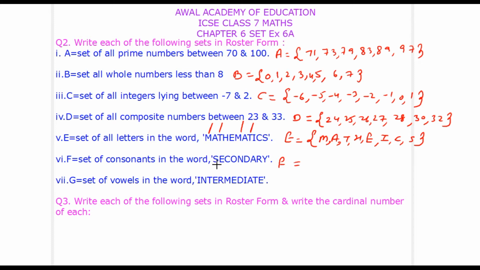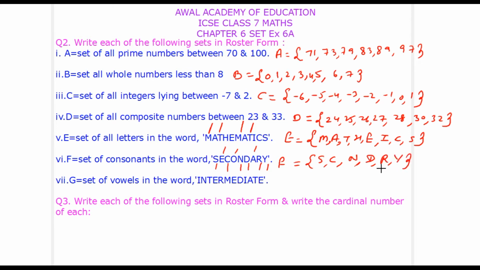S is a consonant, C is a consonant, N is a consonant, D is a consonant, R is a consonant, Y is a consonant. E, A and O are vowels. So we will take only consonants: S, C, N, D, R, Y.